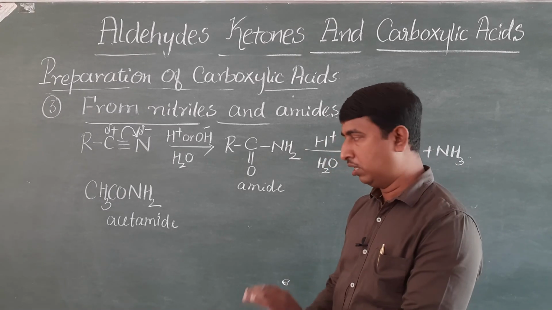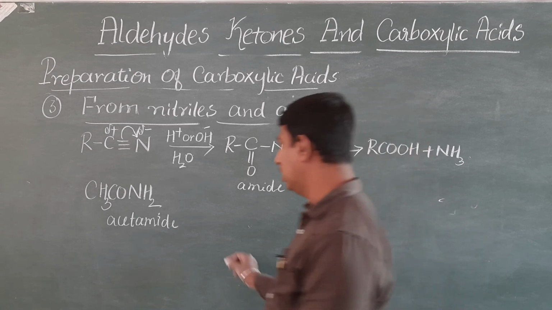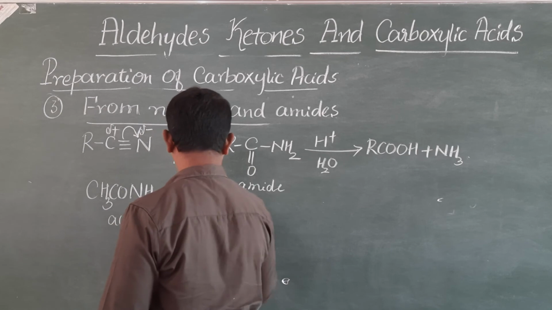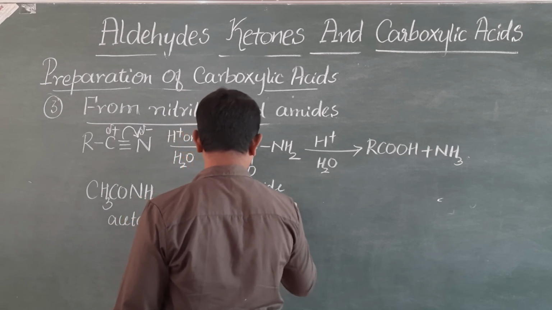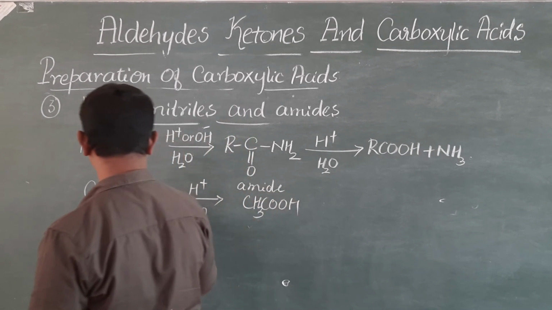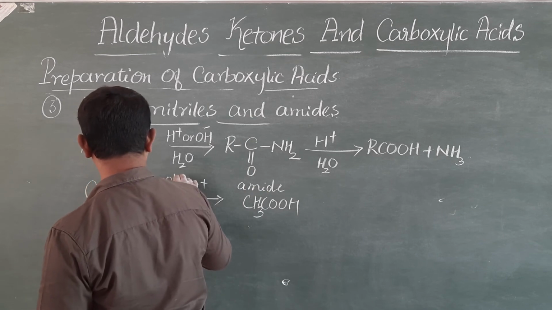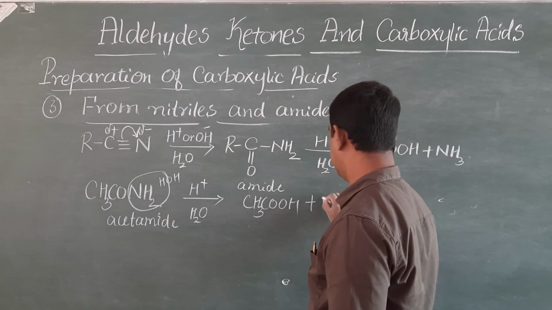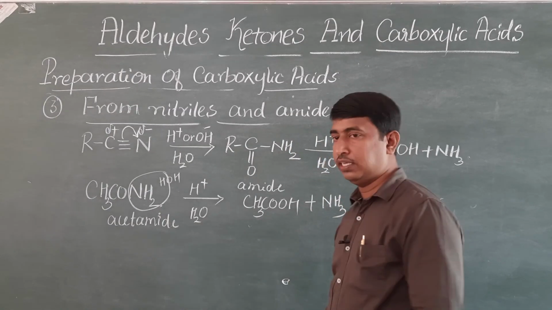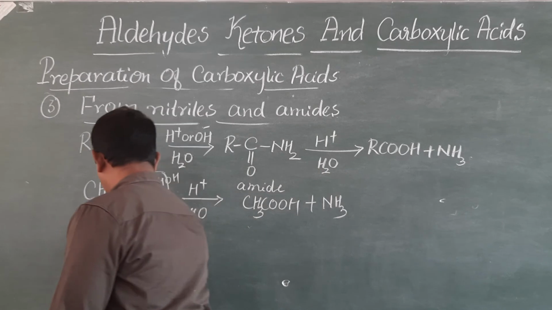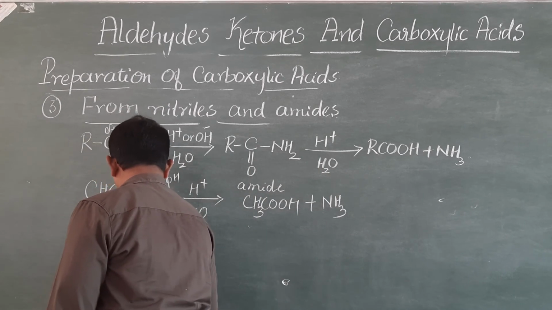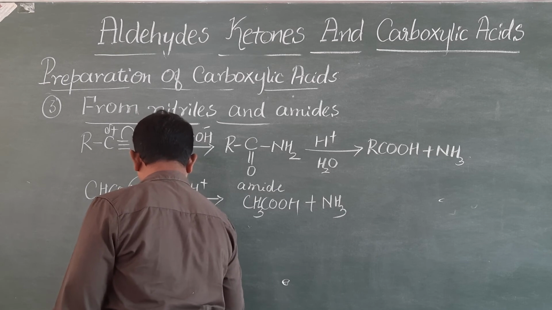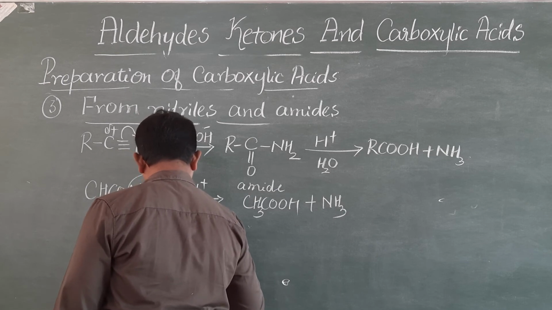Two carbon atoms are there. Acetamide or ethanamide. Upon hydrolysis, it gives out acetic acid. So hydrolysis means like this. It loses ammonia, forming acetic acid plus NH3, acetic acid plus ammonia. If I take aromatic amide, benzamide, C6H5CONH2, this is benzamide.